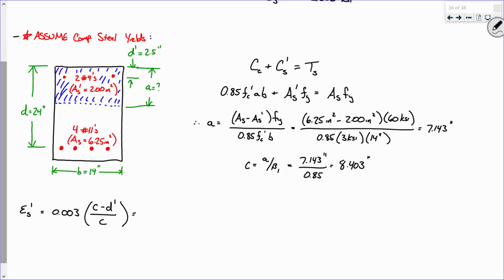So 0.003, we have 8.403 inches minus 2.5 inches divided by 8.403 inches, and we get something. What do we get? Okay, 0.00211.